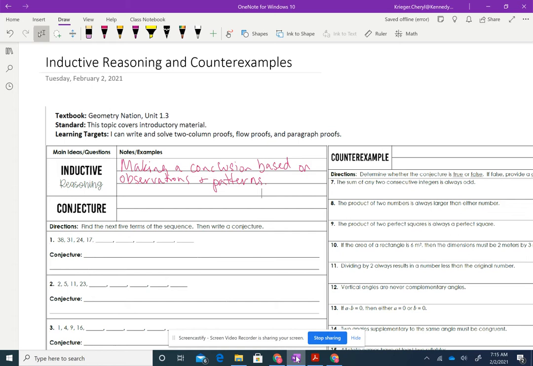So conjecture is the concluding statement reached when you're using inductive reasoning. I'll say while using inductive reasoning.